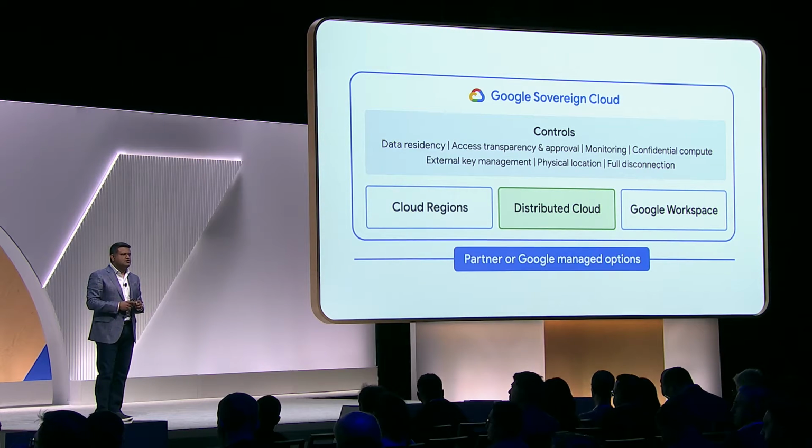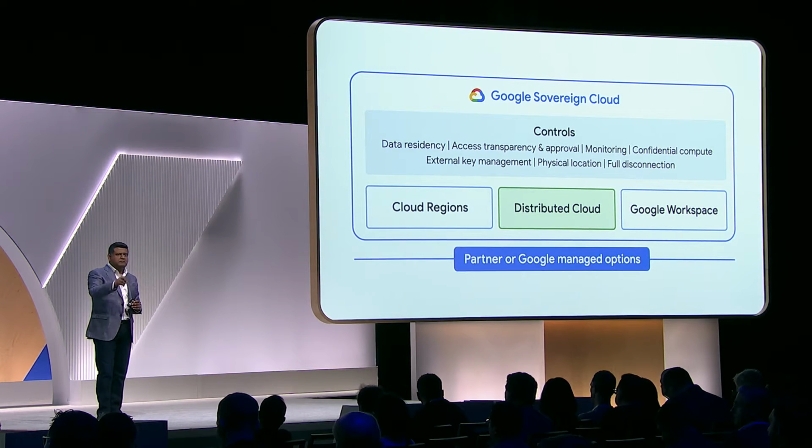I need to know who has access to that data. I need to know if I can encrypt it using my own keys, for example. All of those capabilities are available in our public cloud regions. It can then extend to, hey, this data needs to stay on my premise. It needs to be fully disconnected, managed by cleared people, operators that I determine.